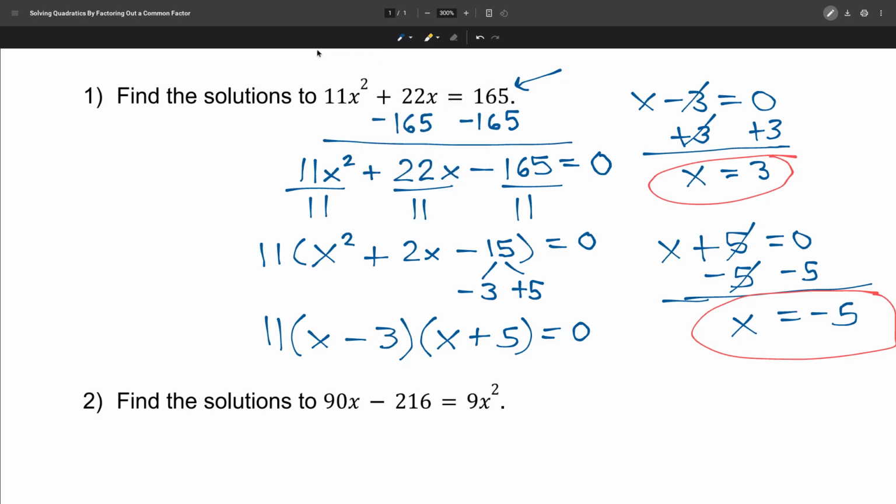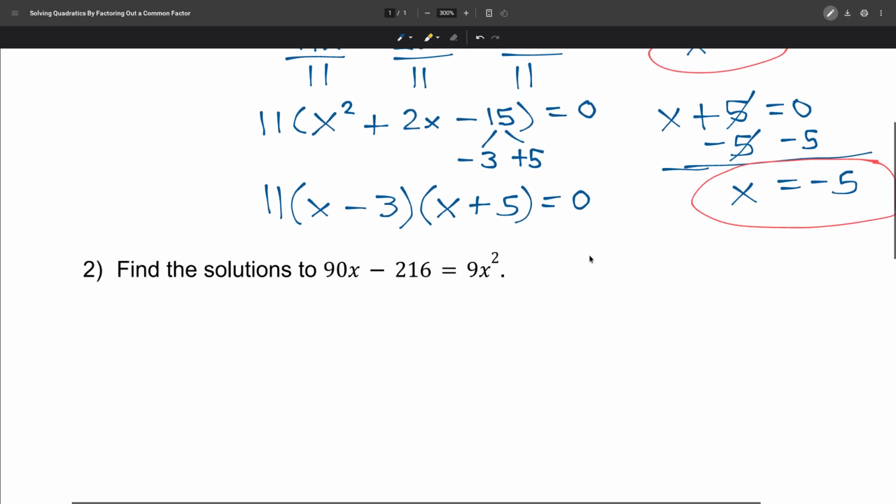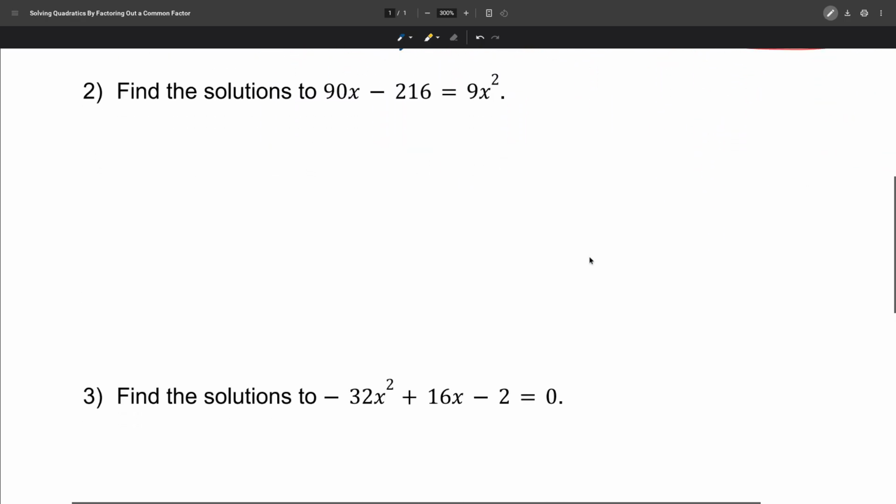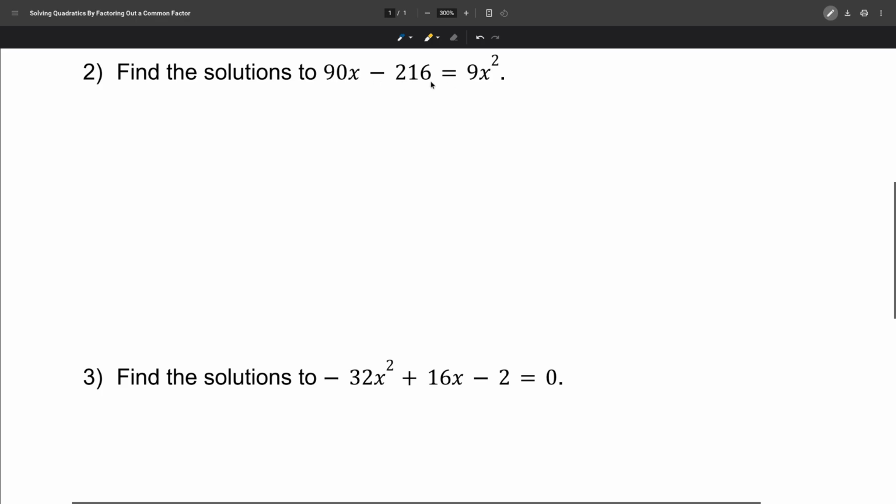Let's try a few more. All right, this next one. Find the solutions to 90x minus 216 equals 9x squared. Again, I want one side equal to 0. I like to keep the coefficient in front of x squared positive. So I'm going to subtract 90x and add 216 to both sides.